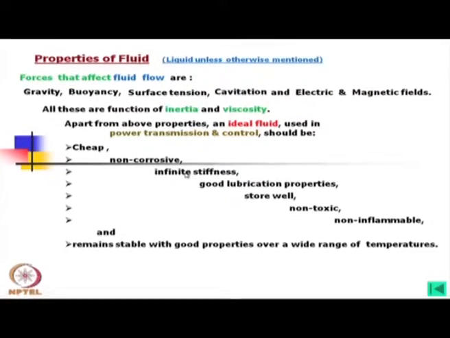Now, infinite stiffness, what is it? Infinite stiffness means we wish that the fluid should be incompressible and stiff in such a way that it behaves like a solid material while it is transmitting force.